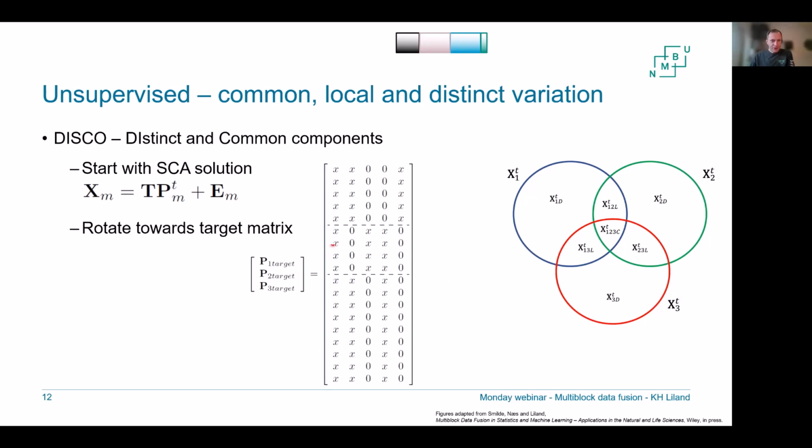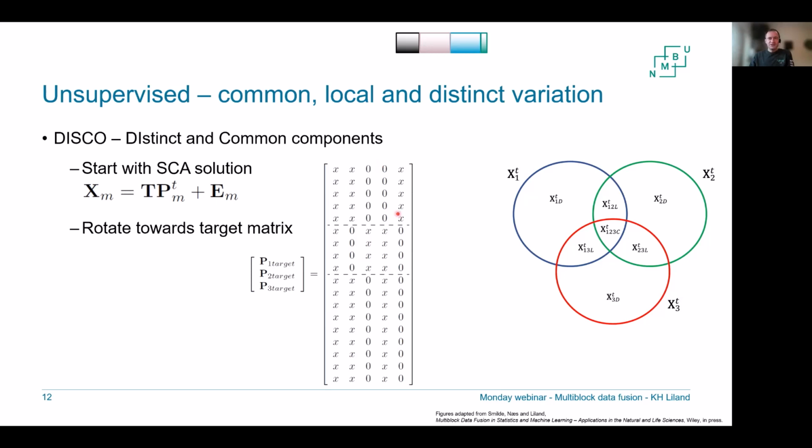And the columns would represent our components, meaning that if we have all X's here, this would be a common component because there is signal everywhere. And if we don't have anything in the middle here, it means it's a local component because it has data from the first and the third one. And in the third component, we only have signal in the second block, meaning that this is a distinct component for the second block, and so on.